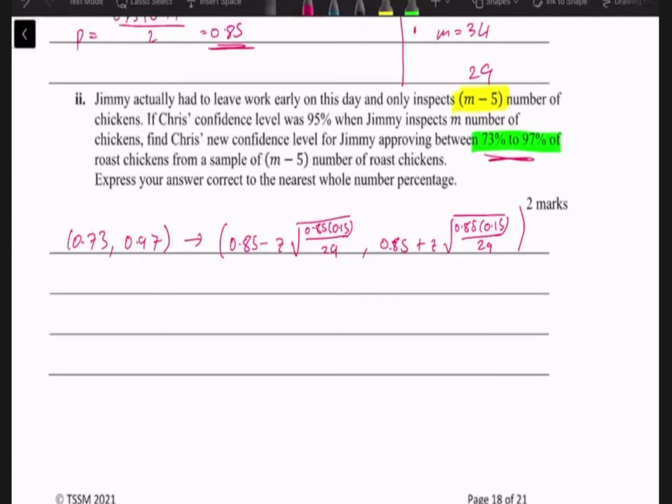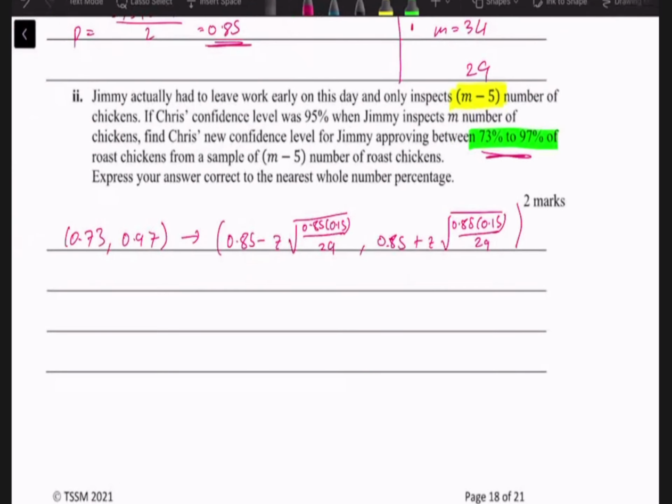In this case, we only have one unknown, and that's z. So you can again choose the lower limit or the upper limit to find what your z is. Once you find z, I think you get z is negative 1.80978 for this one, and z is positive of the same thing because it's standard normal distribution.